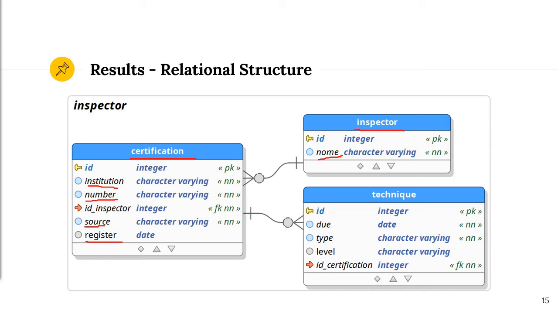Each certification can have more than one technique, where the technique has a due date, that is the date on which the technique is no longer valid, a type that corresponds to a technique identification, and the level assigned to the technique.